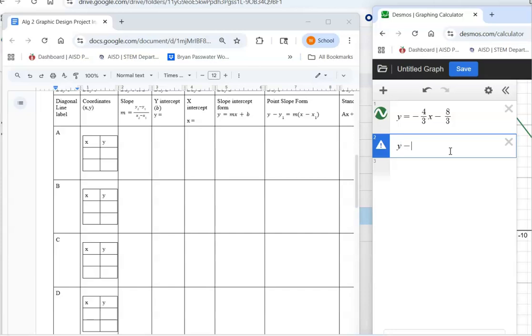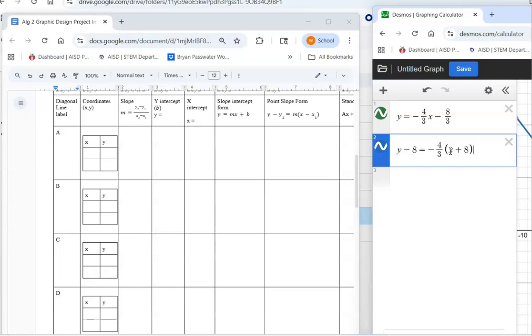So y minus 8, because the y value is 8, equals the same slope of -4/3, in parentheses, x minus -8, but instead of minus -8, I just write plus 8. And that would be my point slope form.